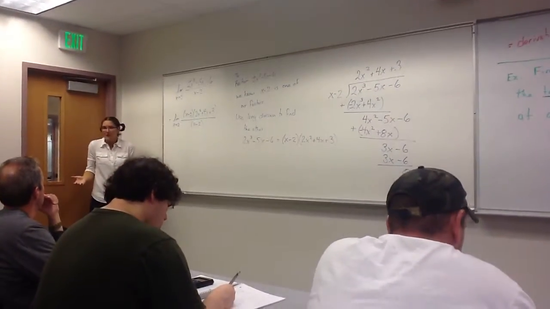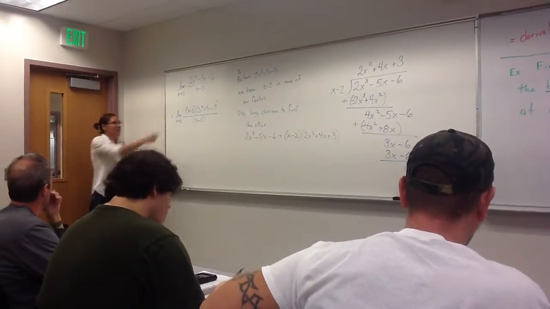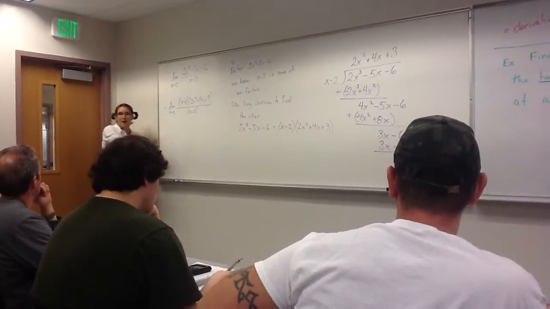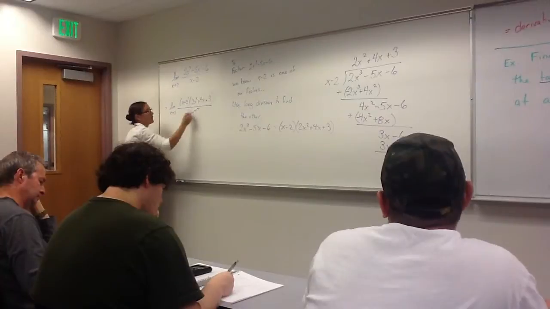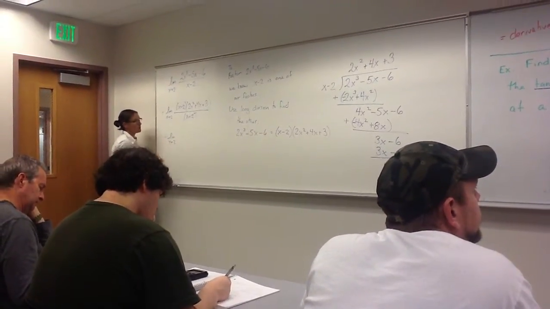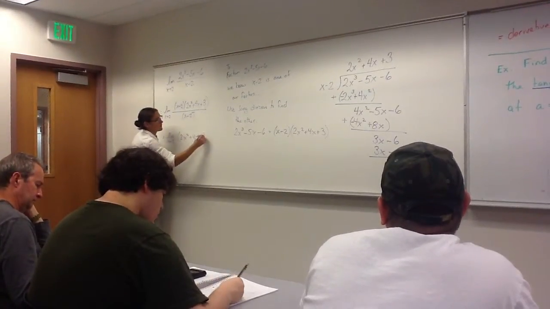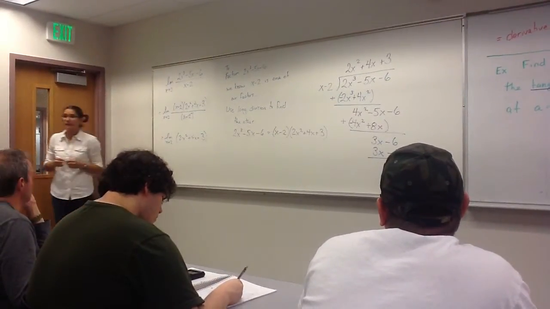But the thing is, once we've done that, then I look at this and I'm ready to celebrate, right? Because now I've got an x minus 2 in the numerator and the denominator, and they can cancel each other. And we're left with the limit as x approaches 2 of 2x squared plus 4x plus 3.